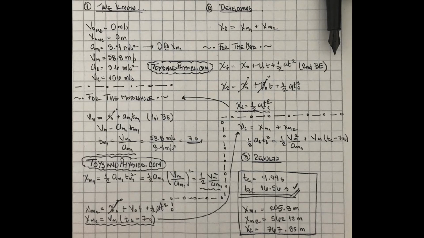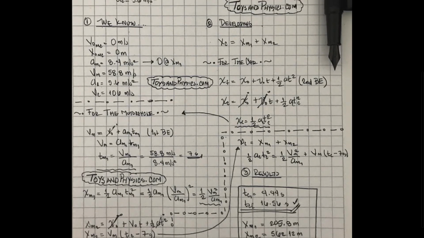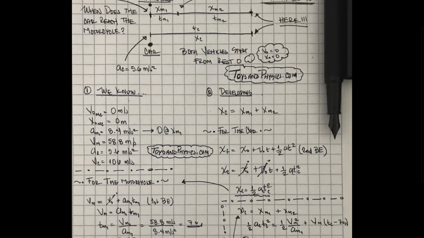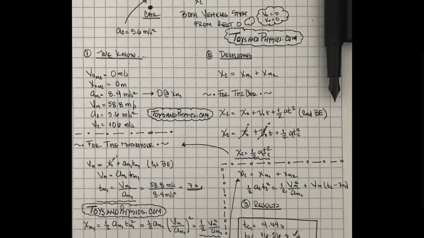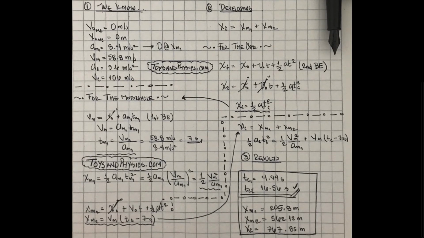So that's what we have here, and that equals XM1, which is 1/2 of VM squared divided by AM1, plus XM2, which is VM multiplied by the time it takes the motorcycle to reach that final spot, and that's TC, which is what we're looking for, minus the 7 seconds it took for the motorcycle to go from here to here, right? So that's going to help us find TC.